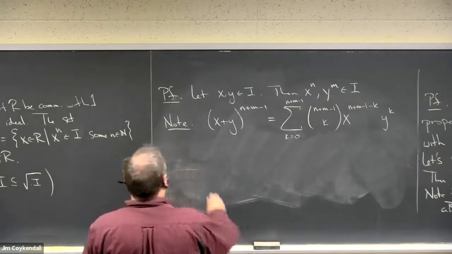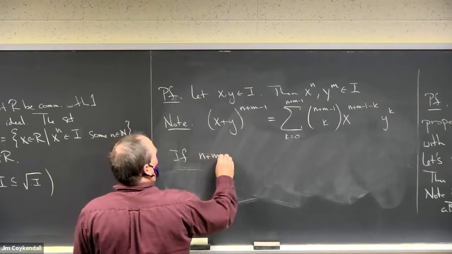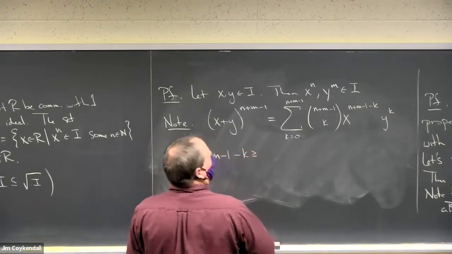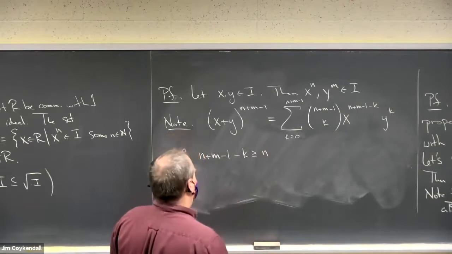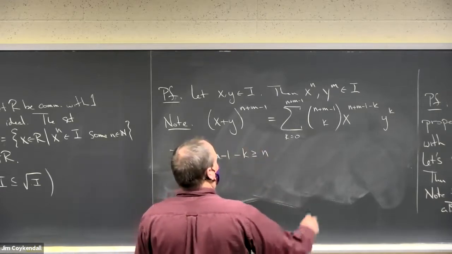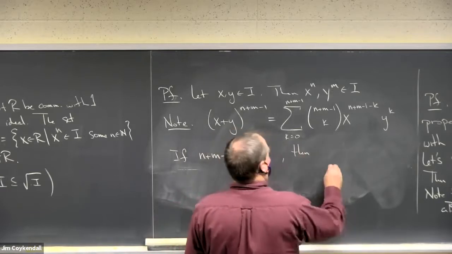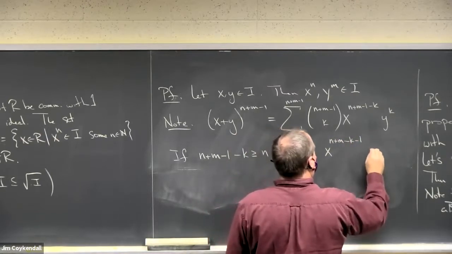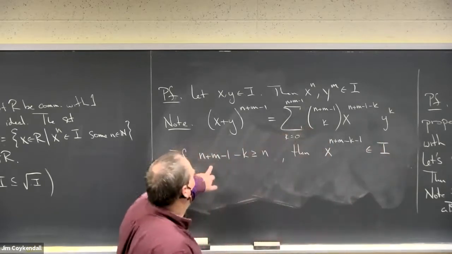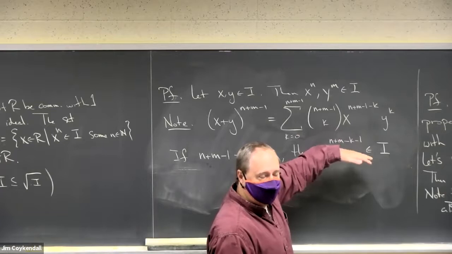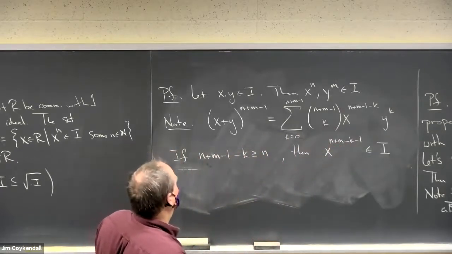Now notice that if n minus k is at least n, then what we're saying here is this exponent here is at least n, and x to the n is in I. So any power with exponent at least n is in I. Yes, did you mean to say at the beginning that x, y are in the radical of I?